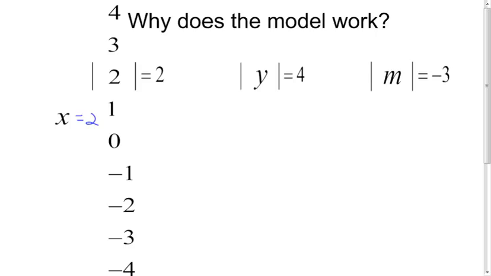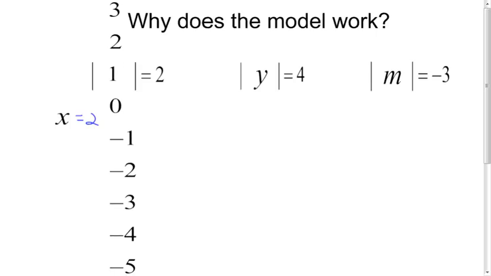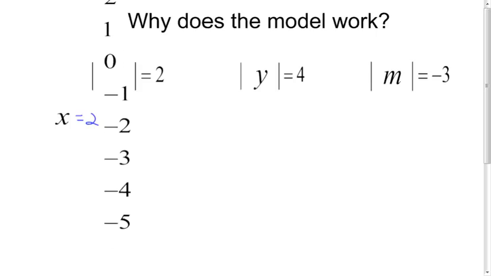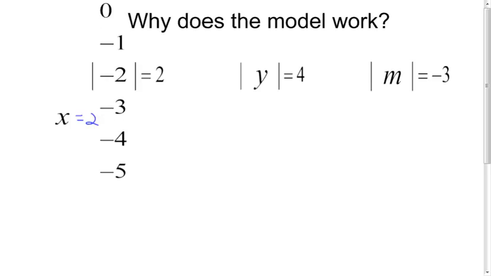It makes sense to explore some of the negative values as well, because absolute value has a relationship to the sign of a number. So I'll keep going. Absolute value of 1 doesn't work, 0 doesn't work, absolute value of negative 1 doesn't work, but the absolute value of negative 2 does. Why?